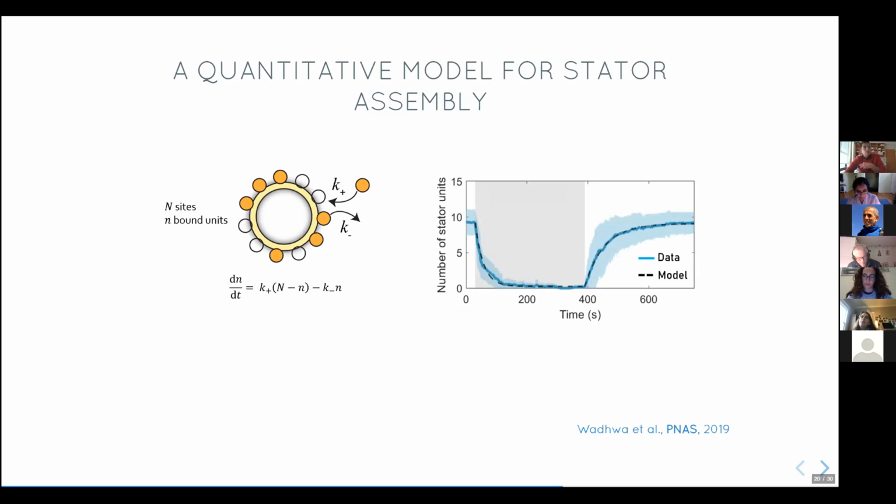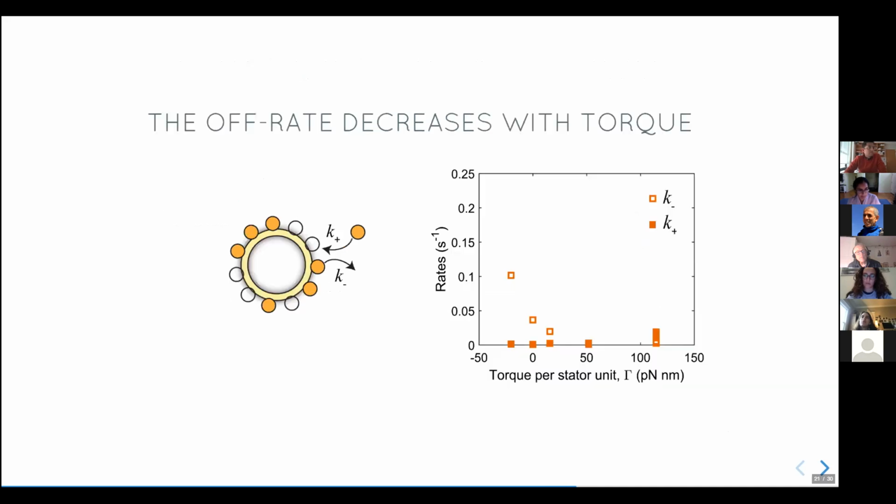And by doing this fitting, we can then extract the on and the off rates for stator units binding the motor. So the result of this analysis is shown here, where I'm showing now the rates on the y-axis as a function of torque produced by those stator units on the x-axis. And consistent with our hypothesis, we see that the rates do change with torque.